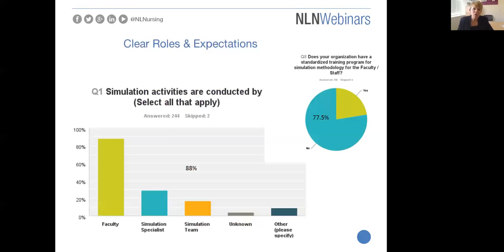So we've done some polling in the past, and one of the two polls that I think are really important to understand is, what percent of individuals within a college environment conduct simulation. And a resounding 88% are really done by the faculty that are within that department, regardless of whether or not simulation is in their wheelhouse.